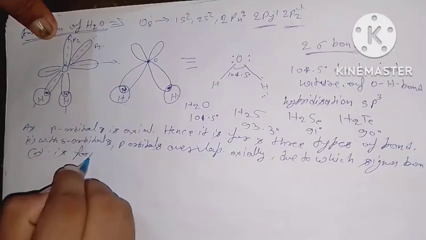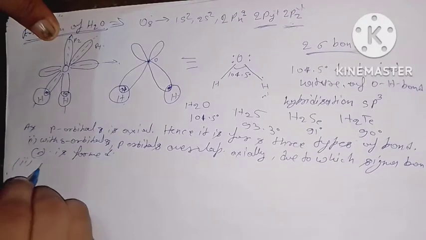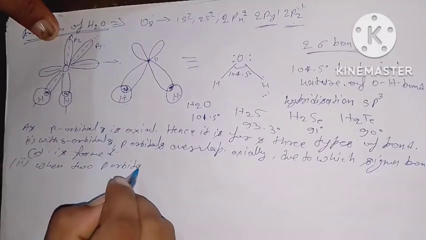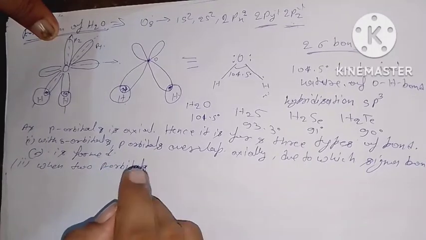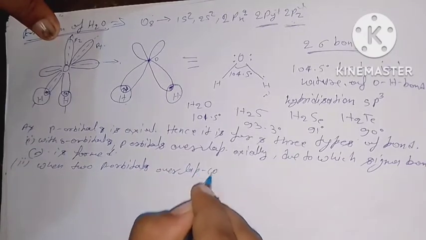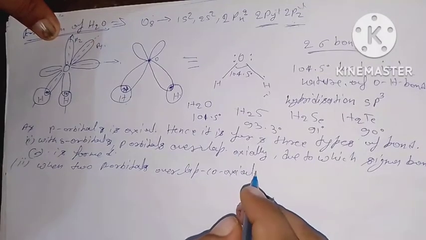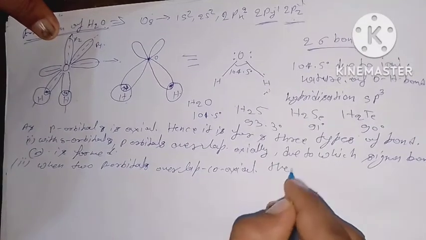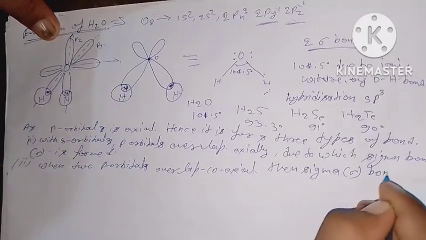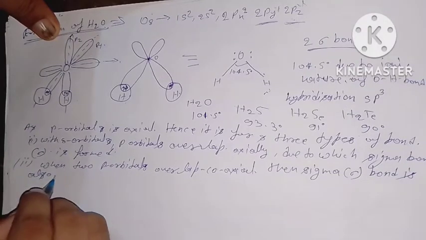Second, when two p orbitals overlap coaxially, a sigma bond is also formed.